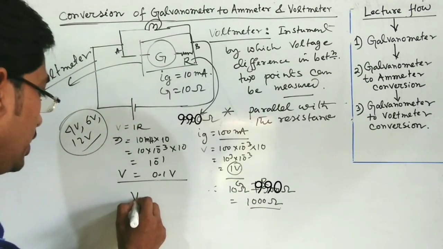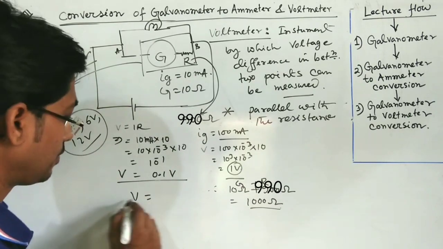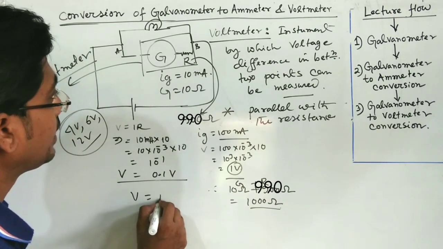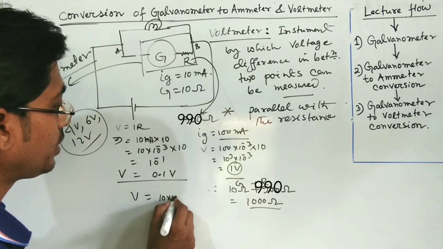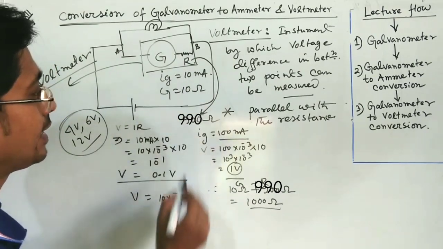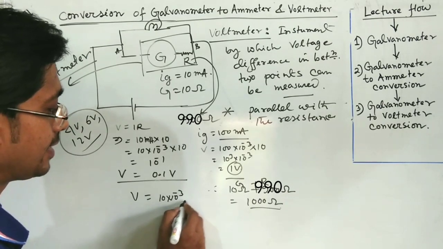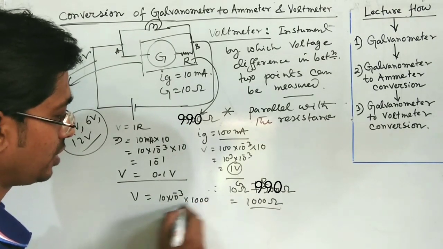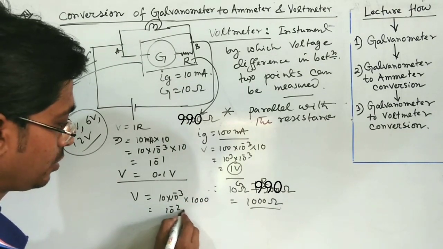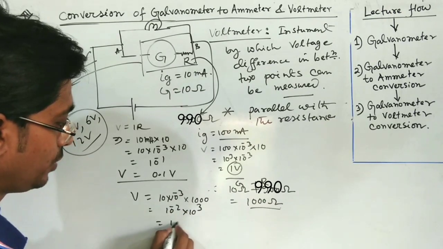Then the voltage difference will be I into R, 10 into 10 to the power minus 3, the maximum allowable current for full scale deflection, into 1000. So it will be 10 volt.